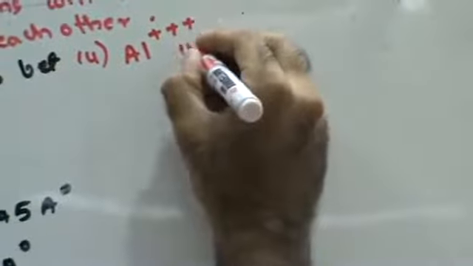I can say that aluminium oxide crystallizes with aluminium ions in 2/3 of the octahedral holes in a closest packed array of oxide ions.